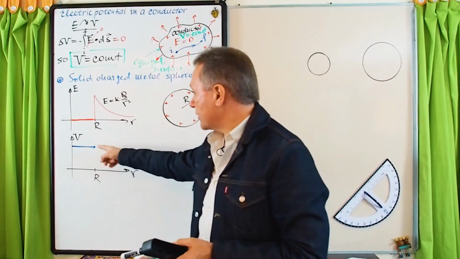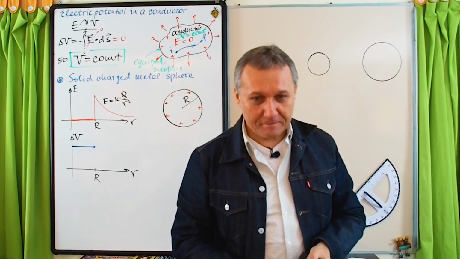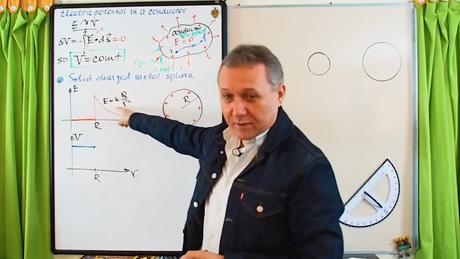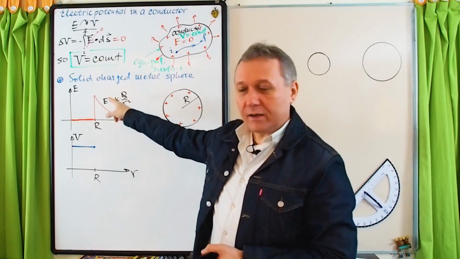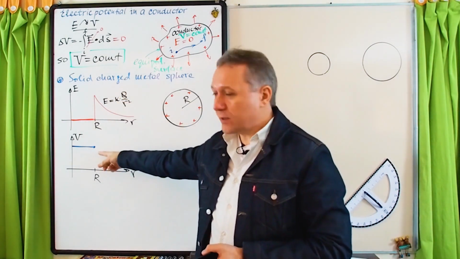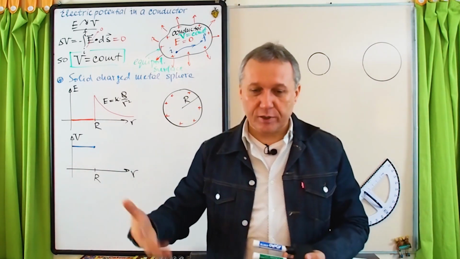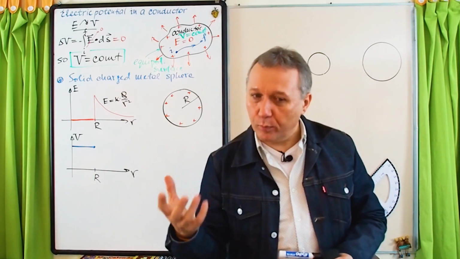What will be the expression for the electric potential outside of the conductor? Since the electric field looks like one created by a point charge, here we should have an electric potential which looks like the expression for the electric potential of a point charge.